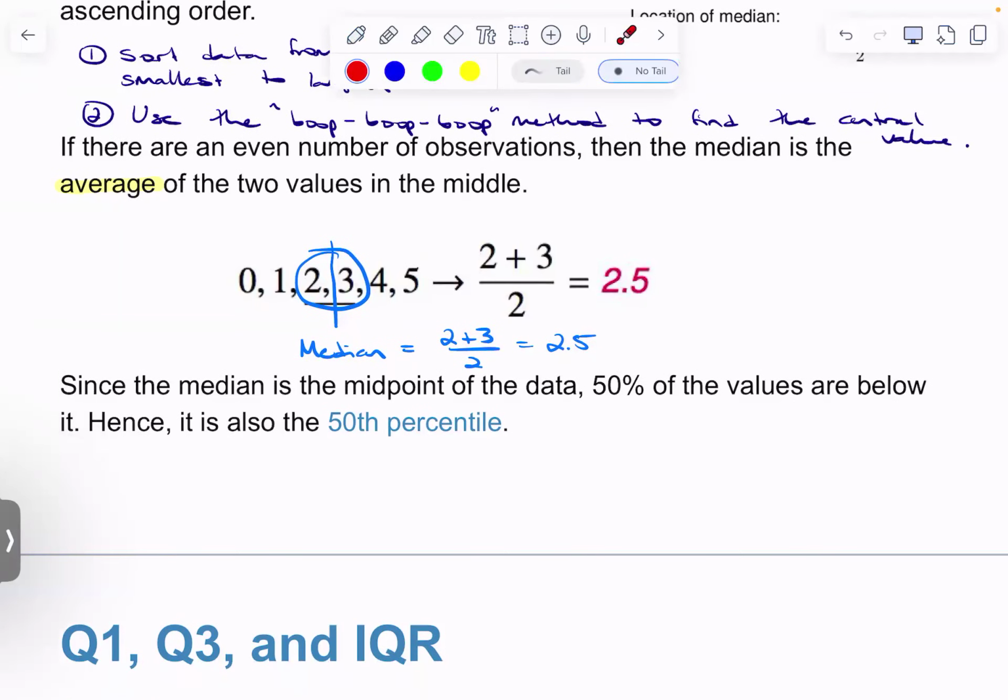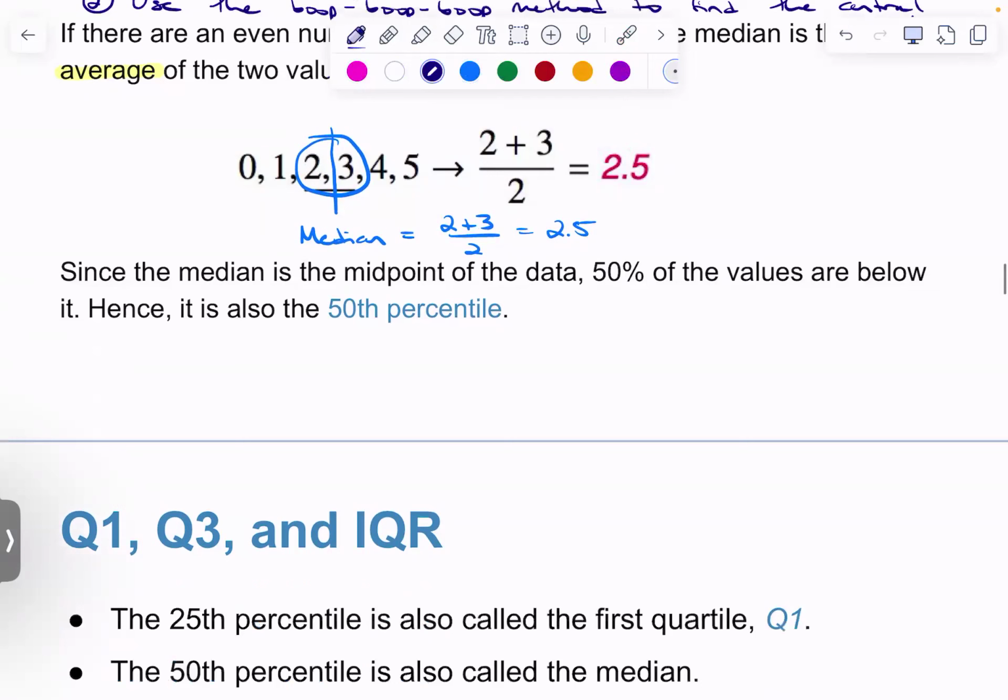The median is the midpoint of the data. So you have 50% of the values below it and 50% of the values above it. And so it's also what we call the 50th percentile. Okay? And to introduce percentiles, we can say the kth percentile, which is just a placeholder, 90th percentile, 10th percentile, right? Those are all terms that we've probably heard in life.